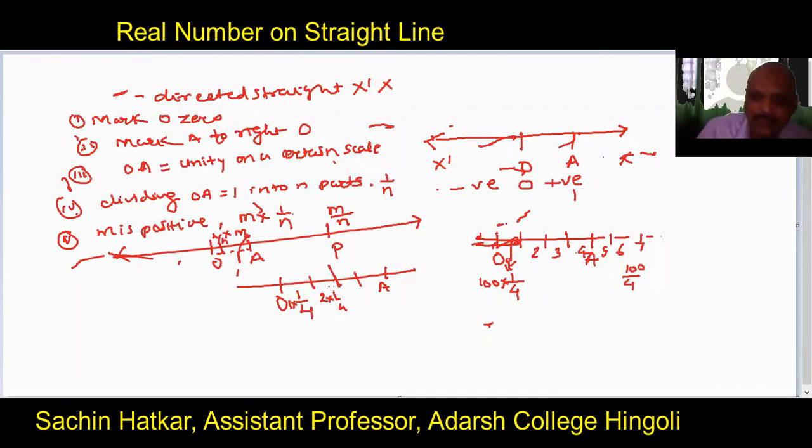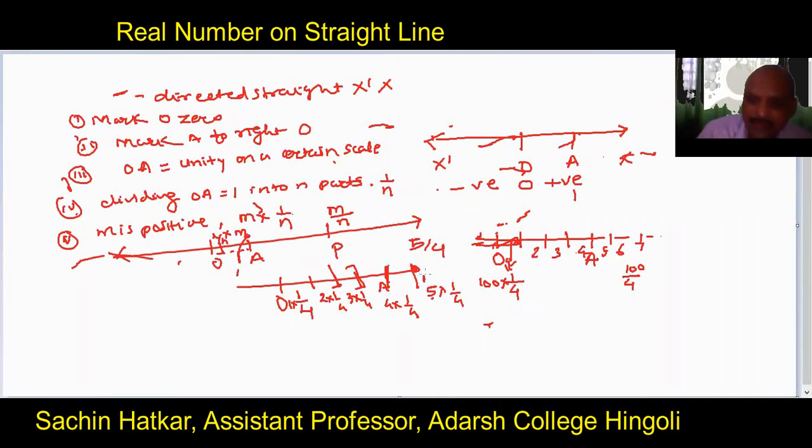Then 3 into 1 by 4, this is 3 by 4, the total distance. And this is 4 into 1 by 4, that is, this represents 1. And 5 into 1 by 4, here we get 5 into 1 by 4, and this point represents the number 5 divided by 4.